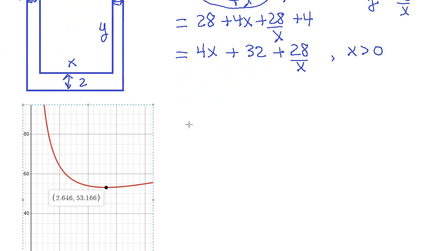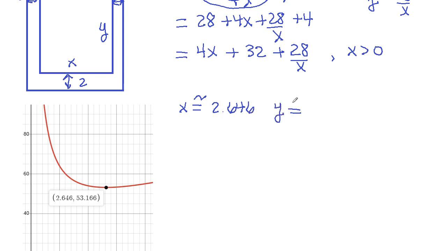So there's our Desmos graph. And our minimum here, it looks like x is approximately 2.646 and y is approximately 53.166.